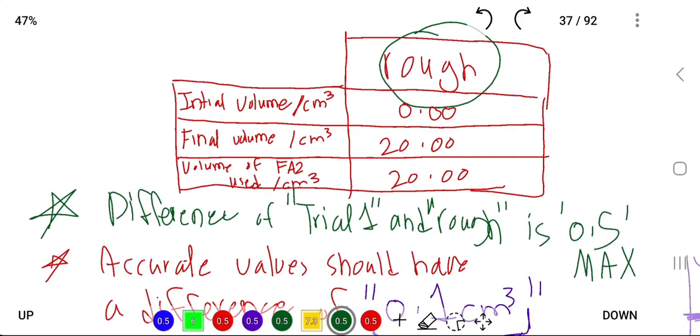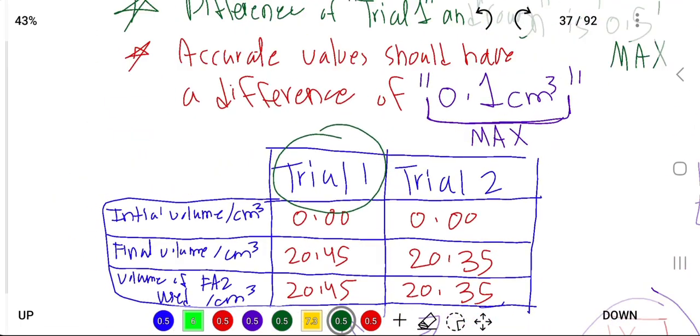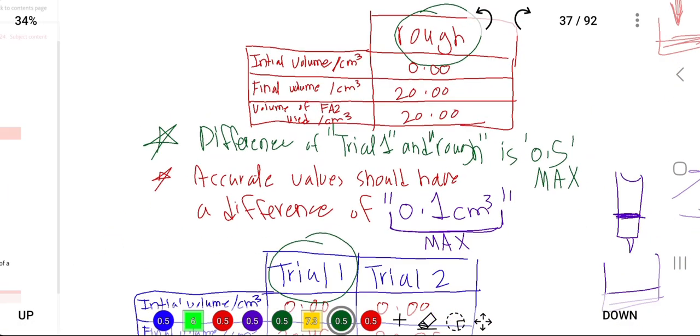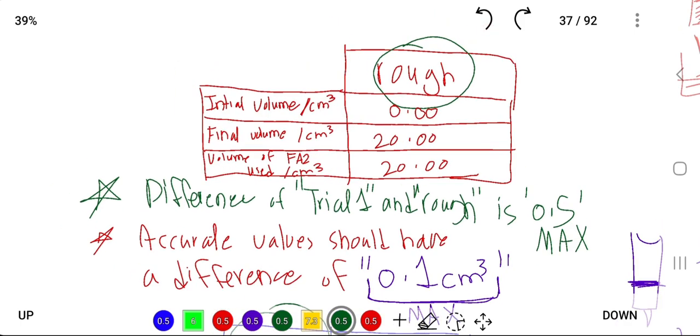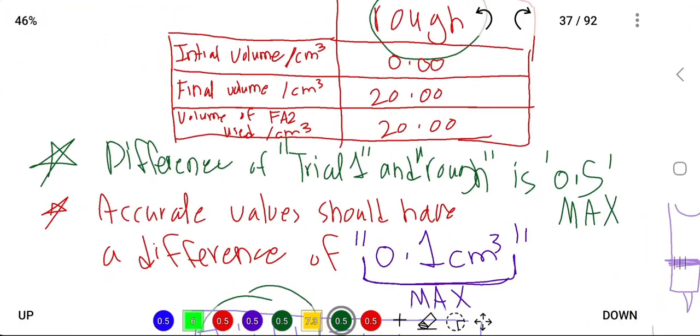This is the difference of trial one, which is the first one of the accurate titration that you did in the second part of the question, if you checked the past paper, and the rough. The difference should be 0.5 max. What do I mean?